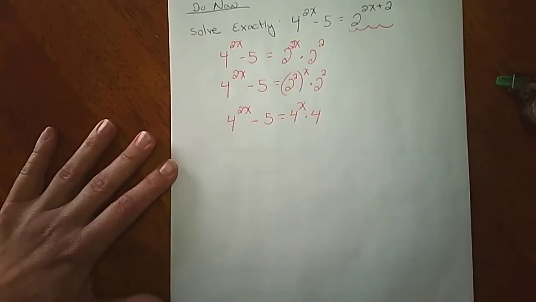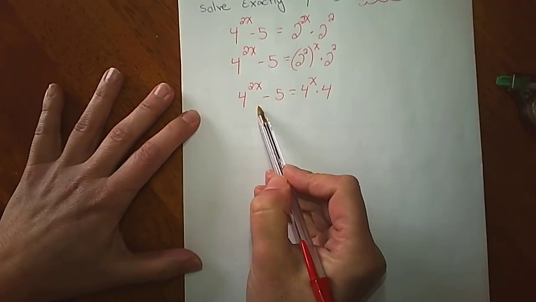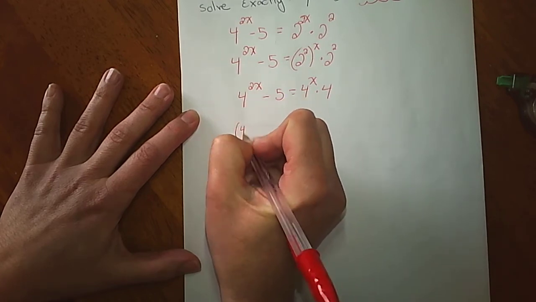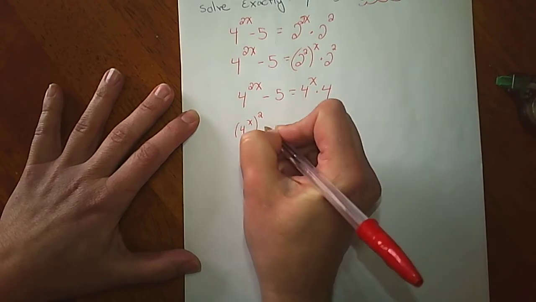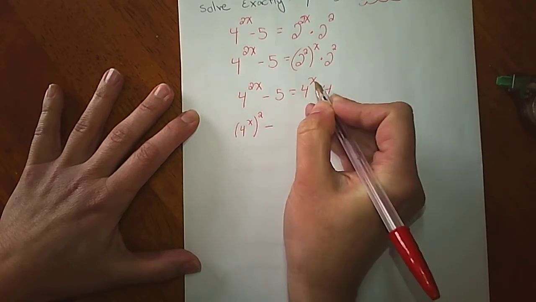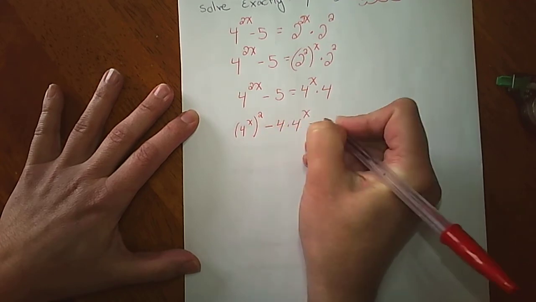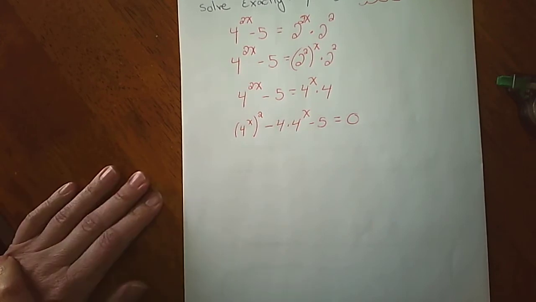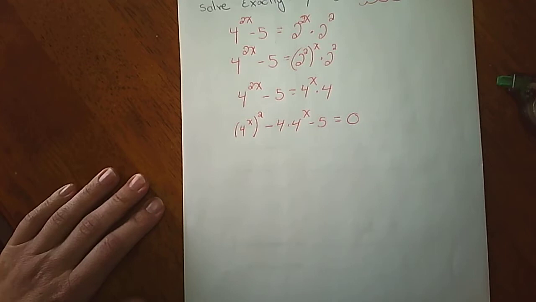And this question is a quadratic in disguise, because watch what I can do now. I'm going to subtract this guy over, and I'm going to rewrite this as 4 to the x squared minus, when I subtract 4 to the x times 4 over, I'm going to write it here in the middle. So I have 4 to the x squared minus 4 times 4 to the x minus 5 equals 0.